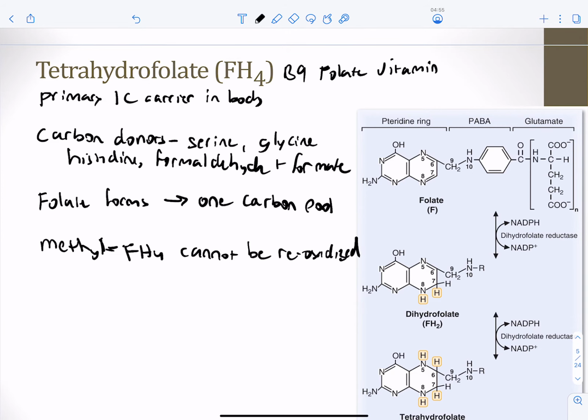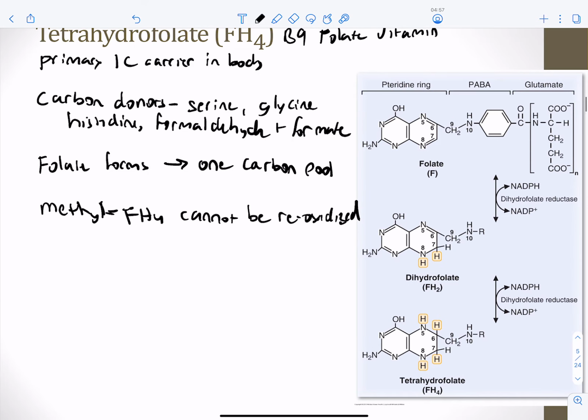Okay, so for the structure of tetrahydrofolate, we have folate, and this can, again, take on many different chemical forms. The coenzyme form that is going to accept one-carbon groups is the tetrahydrofolate polyglutamate form.